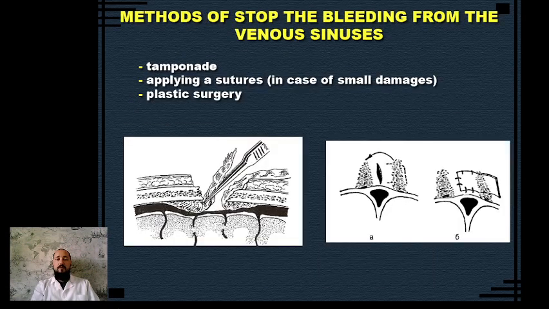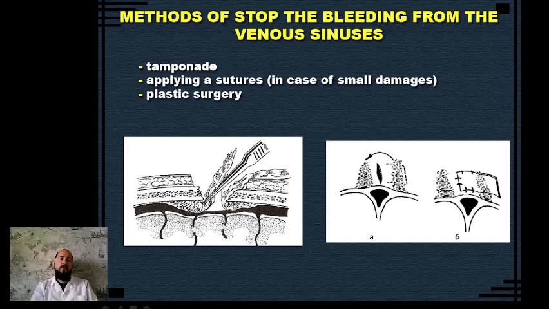After this, what should we do? In case of damaged dura mater, we should make plastic surgery. We can apply sutures in case of small damage, or we can apply a tamponade. What does tamponade mean?